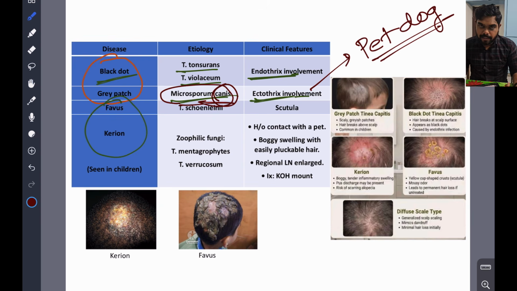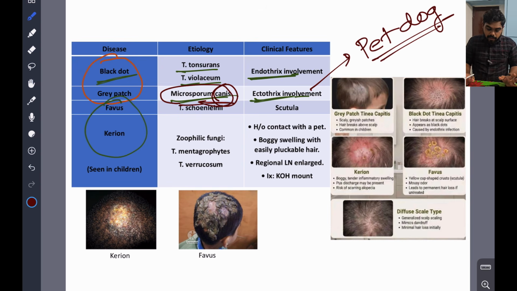Canis familiaris, you know what that is. So ectothrix involvement, that is gray patch. These are non-inflammatory. Black dot, Trichophyton tonsurans and Trichophyton violaceum, which is endothrix. Gray patch, Microsporum canis, and there is a history of a pet dog and ectothrix involvement.